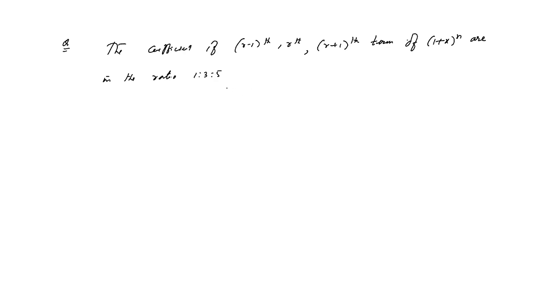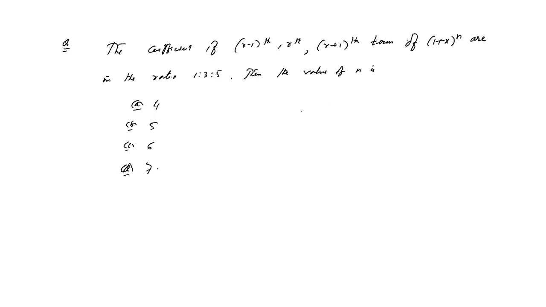What should be the value of n? Option A 4, option B 5, option C 6, and option D 7.